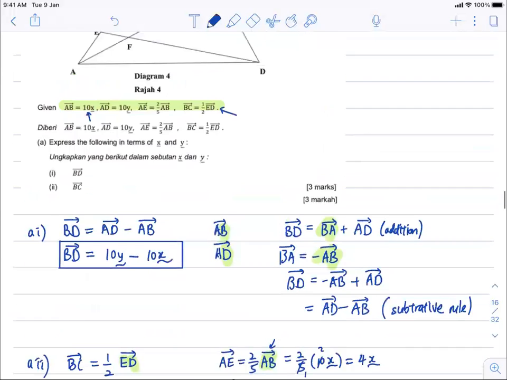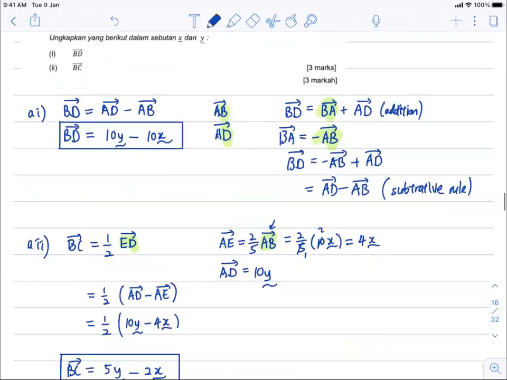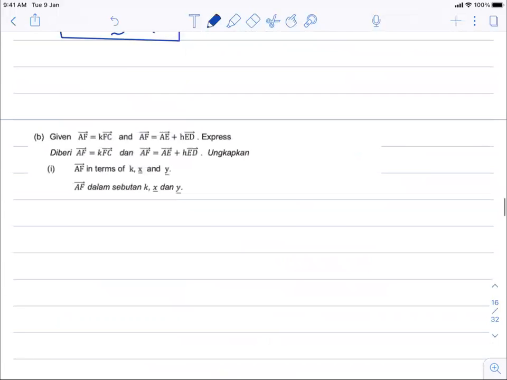Okay, now let us move on to the next question, part B1. Part B1 wants us to find AF in terms of k, x, and y. Notice that we want it in terms of k, that's why we want to use this equation, not this one, because this one has an h.